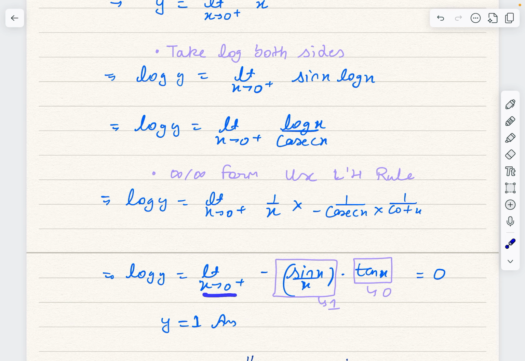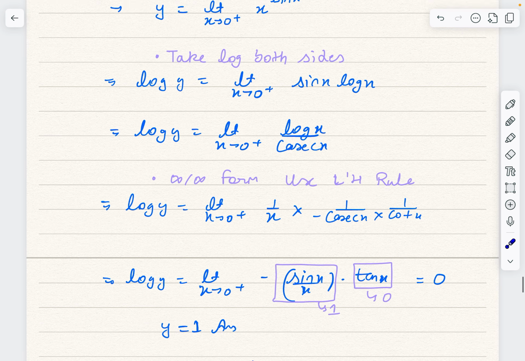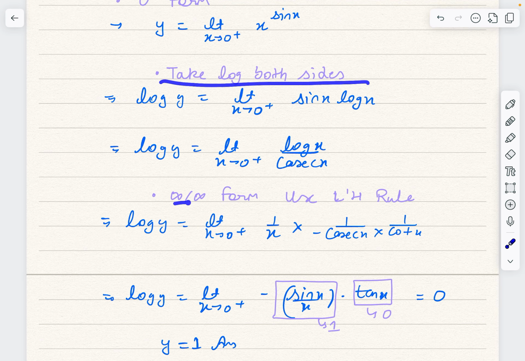So limit x tend to 0 positive, sine x by x will be 1, tan x will be 0, so we get 0 finally. So log y is 0, that means y will be 1. That's all. So, like I told, take log both sides and use L'Hospital rule. This is how you can solve every problem of power form 0 power 0 and infinity power 0.